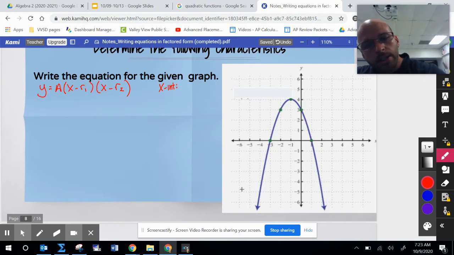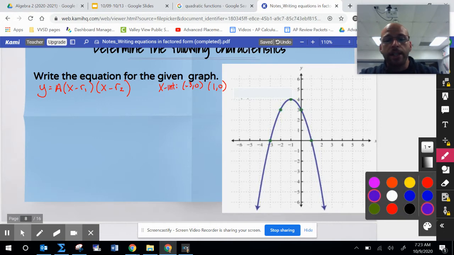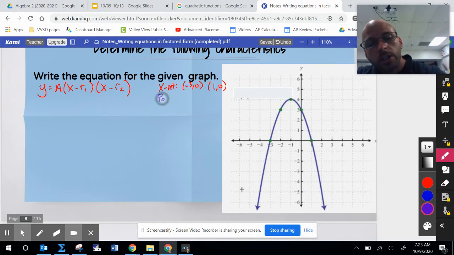Well, I know my x-intercepts are going to be at a negative 3, 0, and a positive 1, 0. Now, not only do you need the x-intercepts, but we are going to need another point. So just like when we did vertex form, we need the two x-intercepts and we need a separate point. You can pick any of these other green points. I'm going to pick negative 2, comma 3.